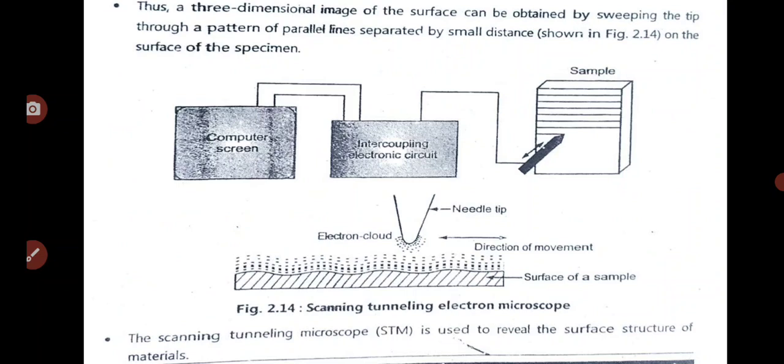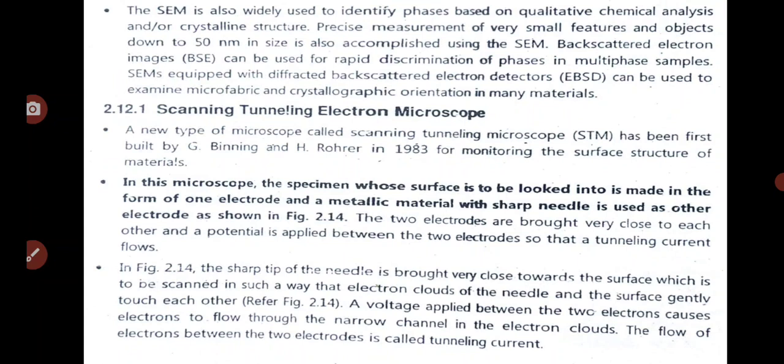Whatever process occurs is recorded by the computer screen, which shows the properties. So consider in this figure, the sharp tip of the needle is brought very close to the surface which is to be scanned.